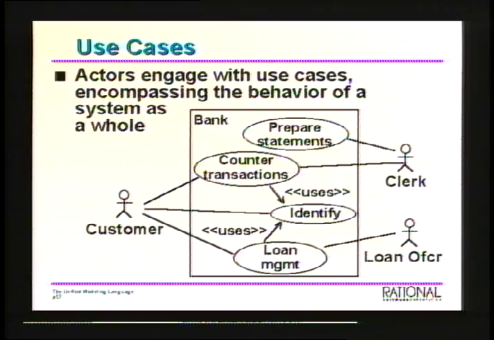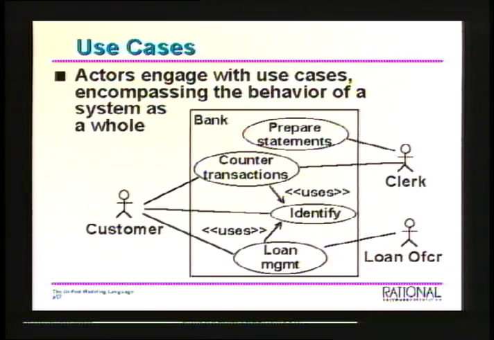And more precisely, it's a role played by such an outside agent. So, for example, the same human being could be a computer operator as well as a user, as well as a manager, a customer, clerk. So these are the roles that different outside objects play.